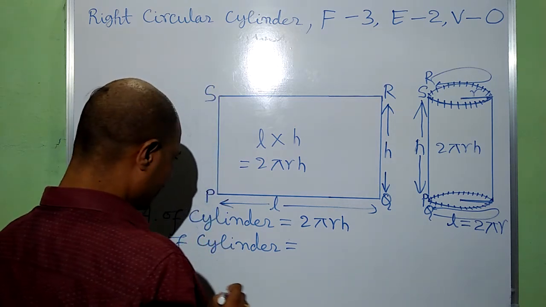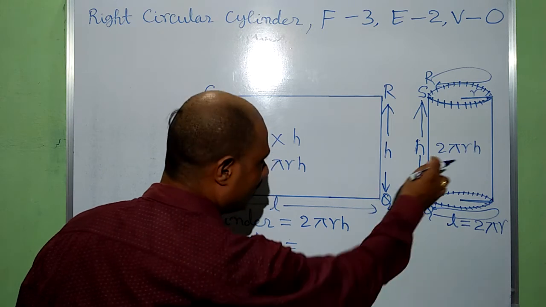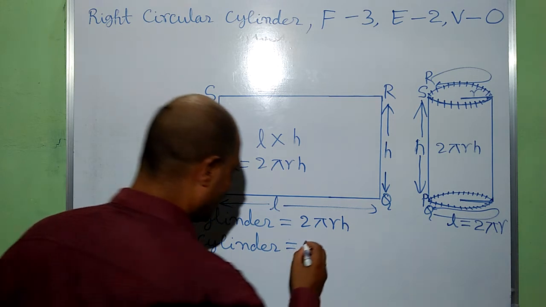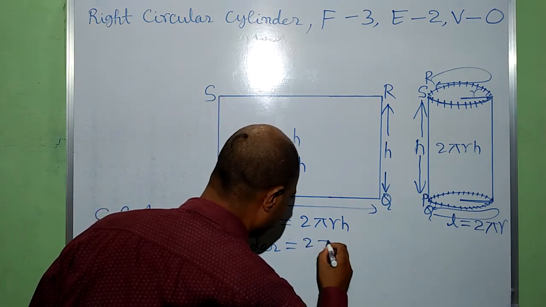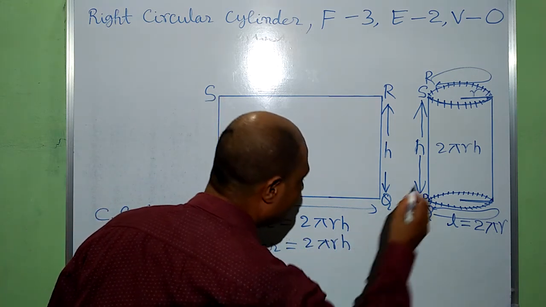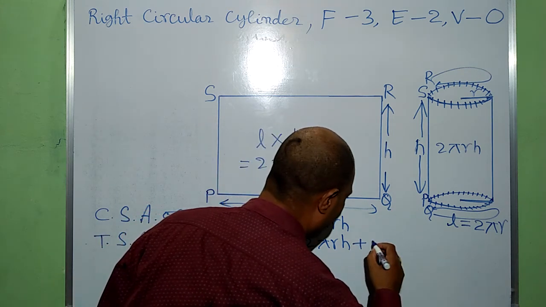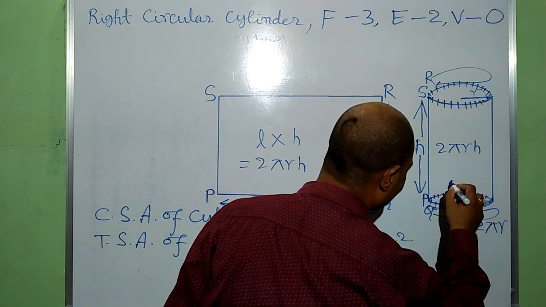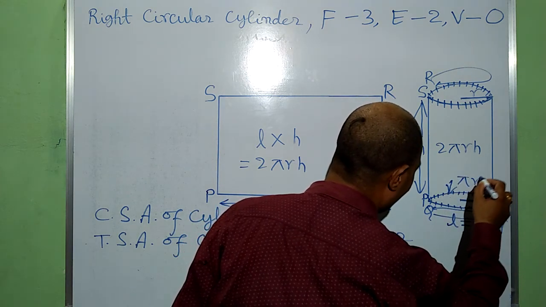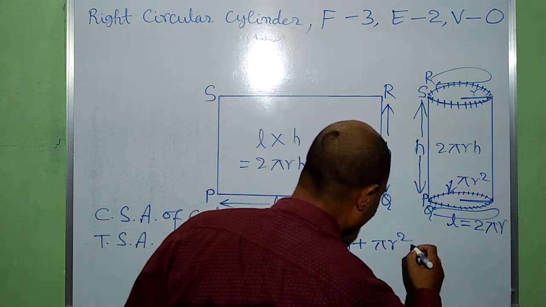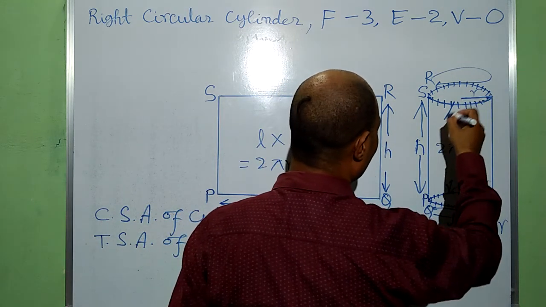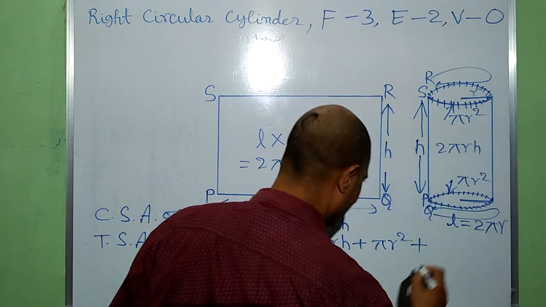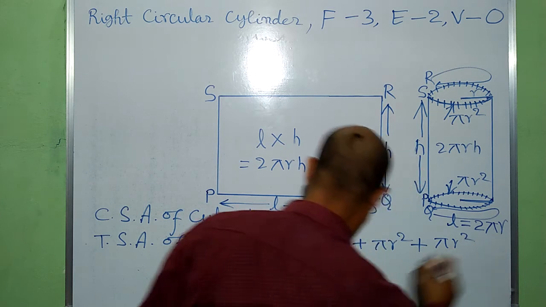Total surface area of cylinder is equal to curved surface area plus base area plus top area, that is 2 pi r h plus pi r square. Its area is pi r square, and its area is also pi r square plus pi r square.